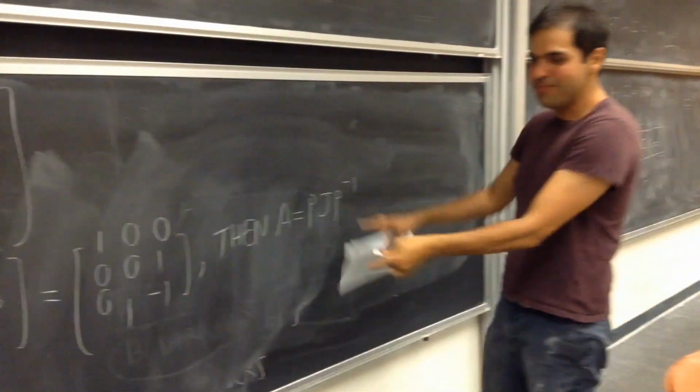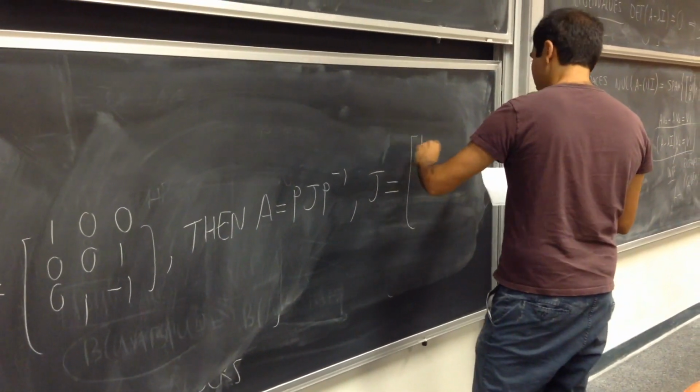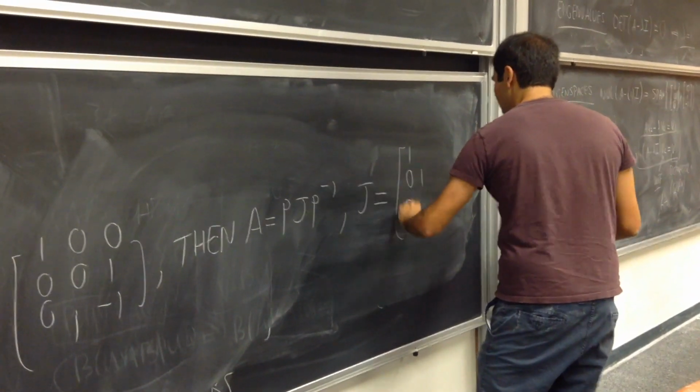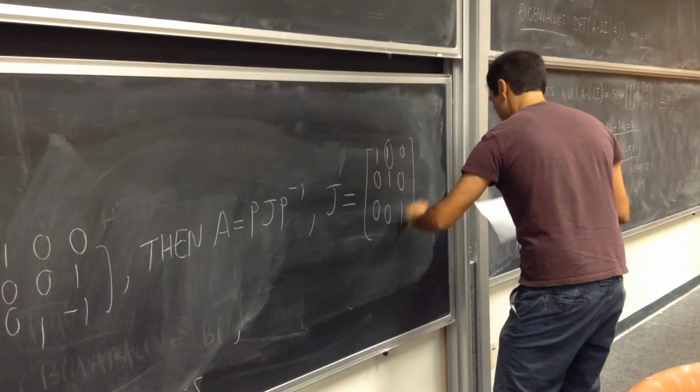That's like peanut butter and jelly. Then J equals, again, the matrix with 1, 1, 1, except there's this additional 1 here.